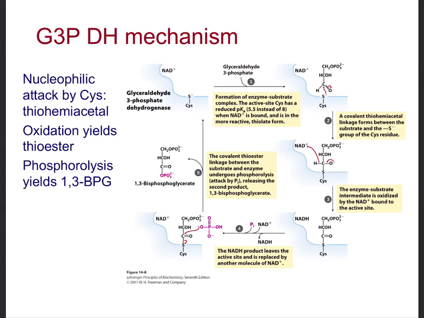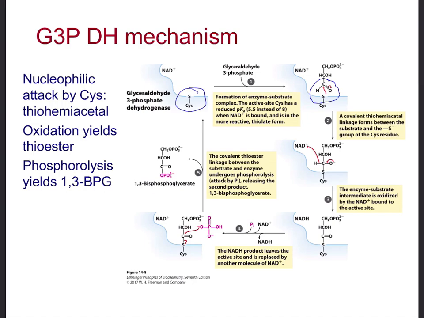If we look at the mechanism of this reaction, we have a cysteine present in the active site that plays a very critical role. When our aldehyde enters, it is going to be attacked by the thiol group of that cysteine.